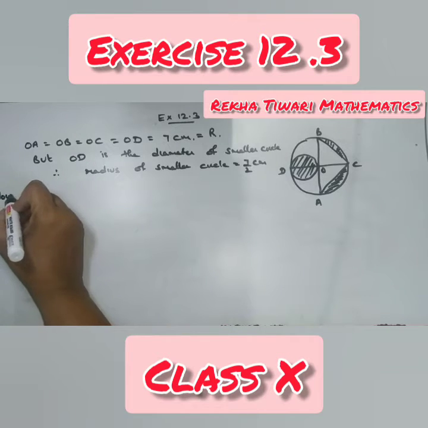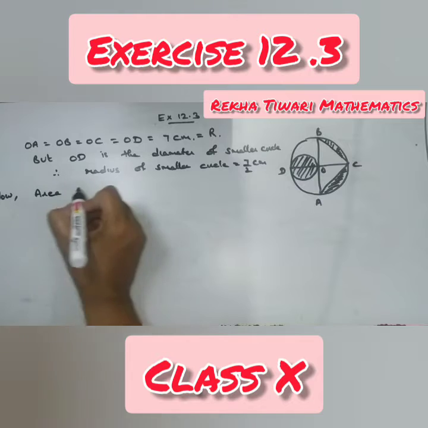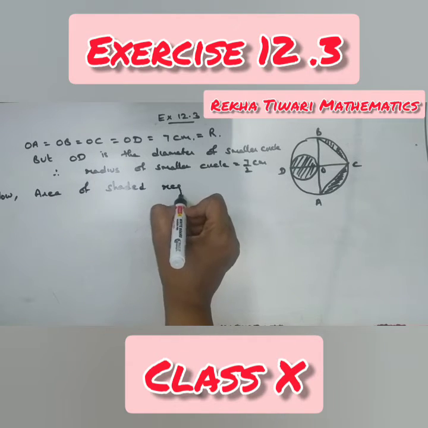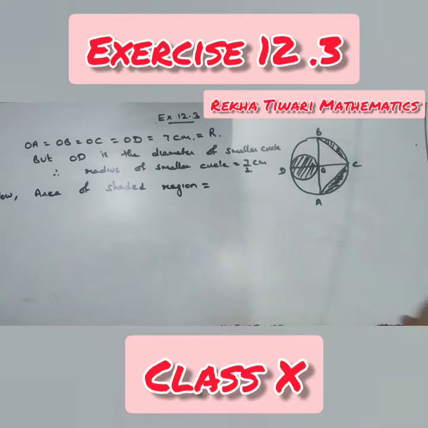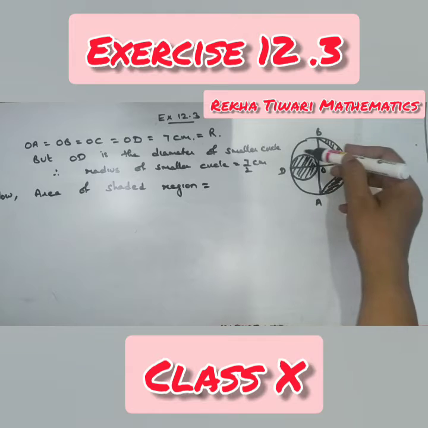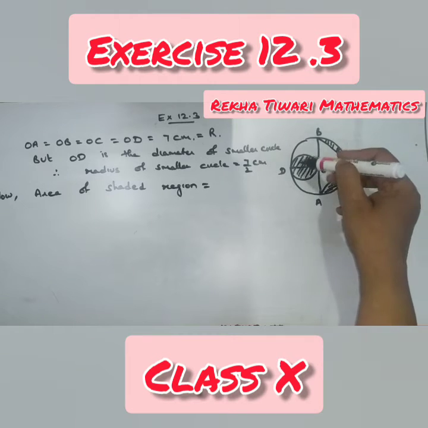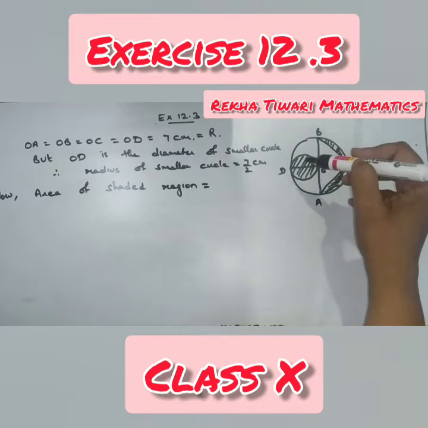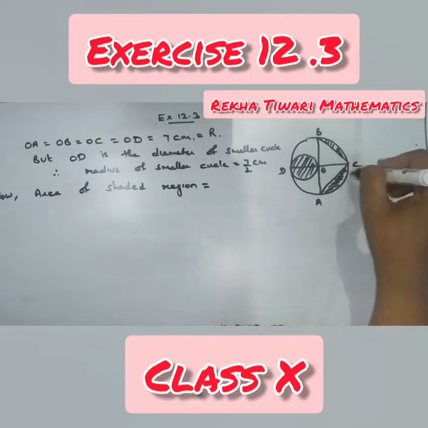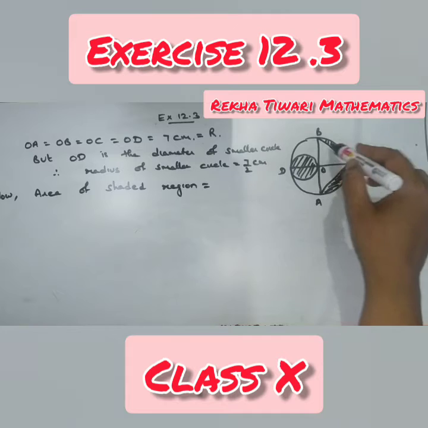Now, area of shaded region. If you look at the figure, you will observe how to get the area of the shaded region. First of all, you have to find the area of this small circle. You will get the area of the shaded region, and then to get the segments, you have to take area of semicircle minus area of triangle.